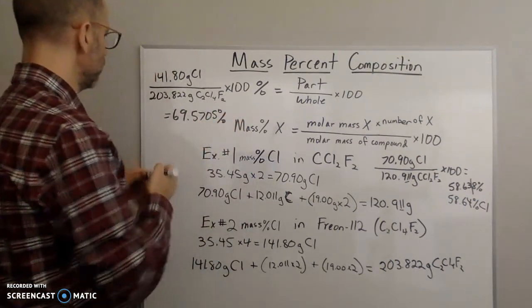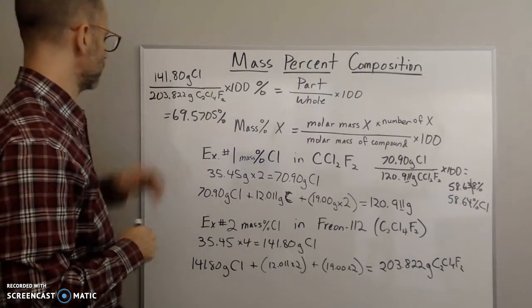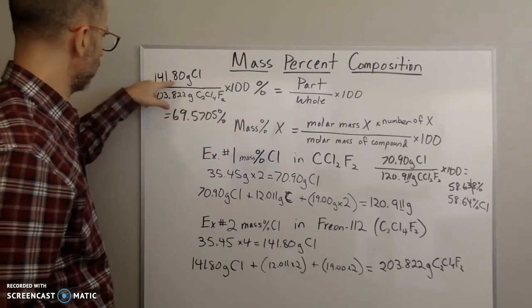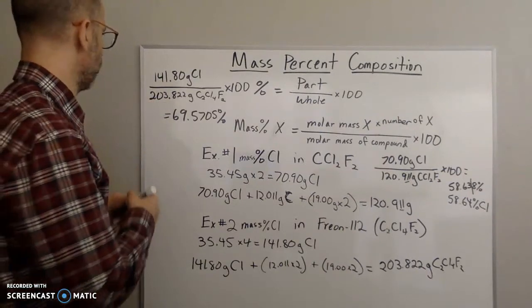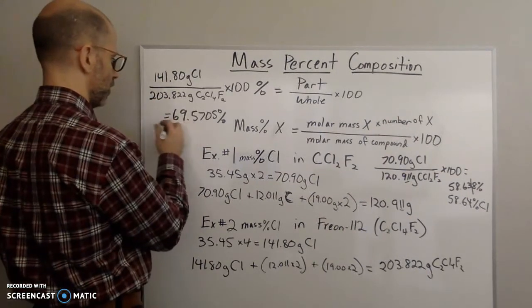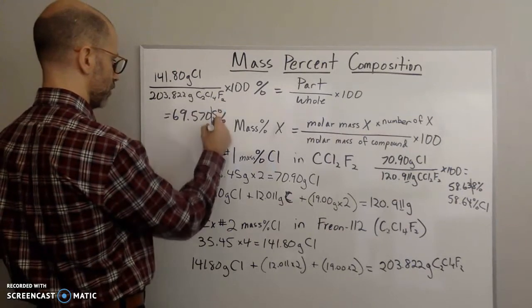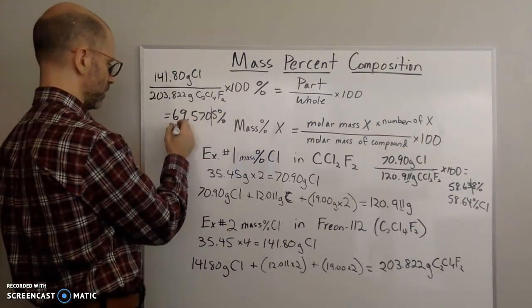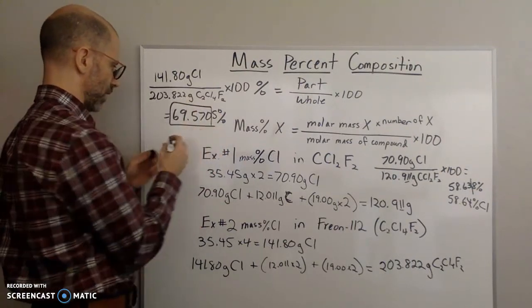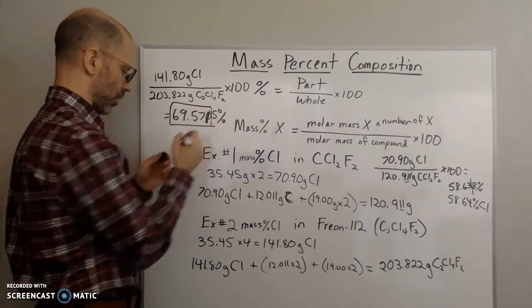But once again, you have to pay attention to sig figs. Here I have 5 sig figs, here I have 6, so I'm only allowed 5. So I have to cut it off here. So then it would be 69.571, that is what I would keep, and this would be a 1.